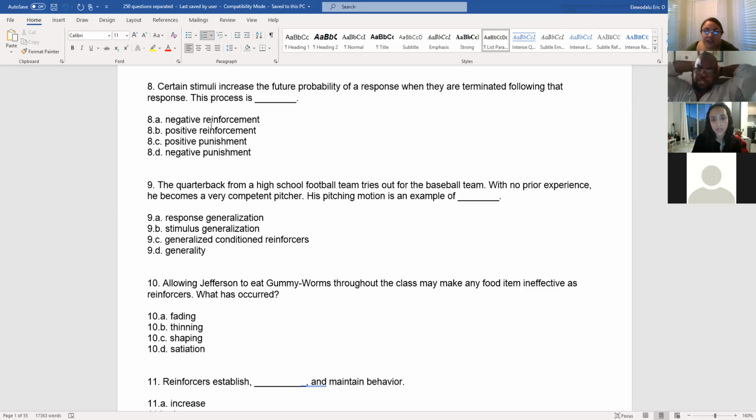So the question is, is it positive or negative reinforcement? Terminated, so something is being removed, negative. Terminated following the response. Is it right? Let me see number 8. Negative reinforcement.